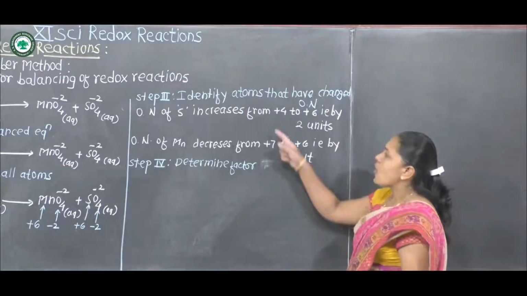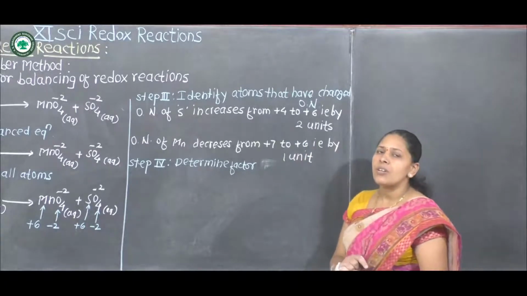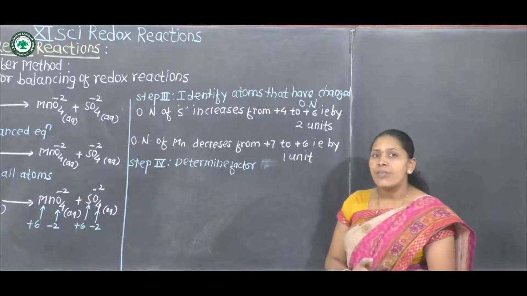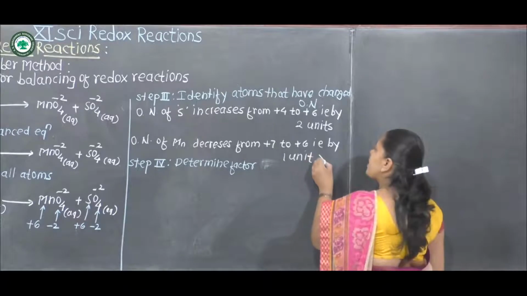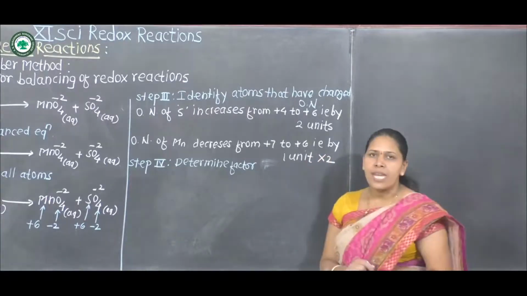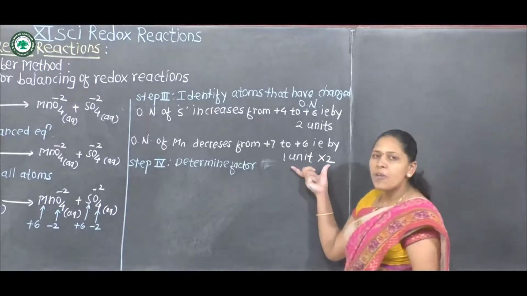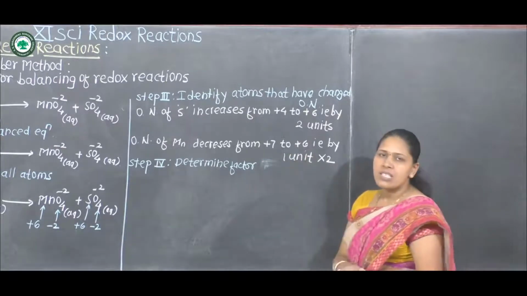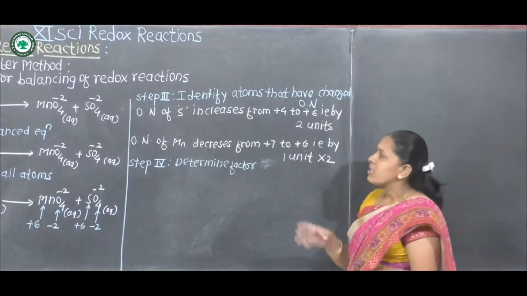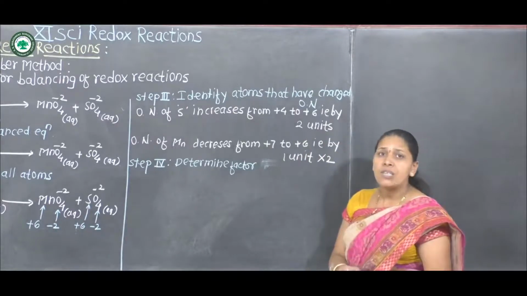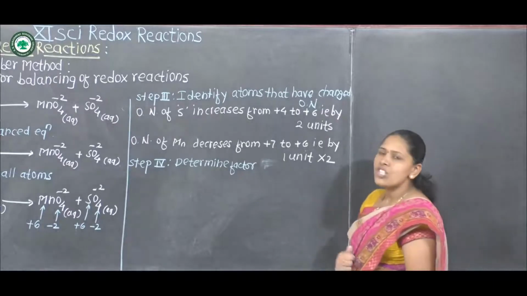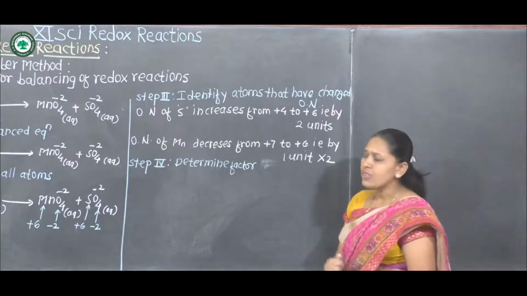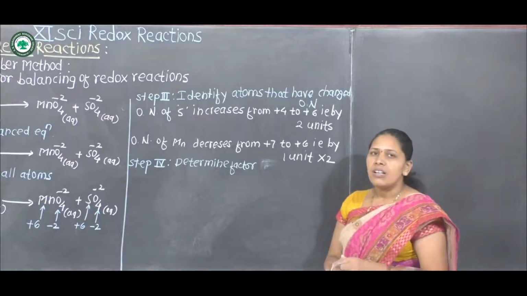That means here oxidation number of sulfur increases by 2 units and oxidation number of Mn decreases by 1 unit. Therefore, by multiplying 2 to Mn, the decrease becomes 2 units. By multiplying it by 2, total increase and decrease becomes equal. That means in the equation we have to insert coefficient, that is 2.